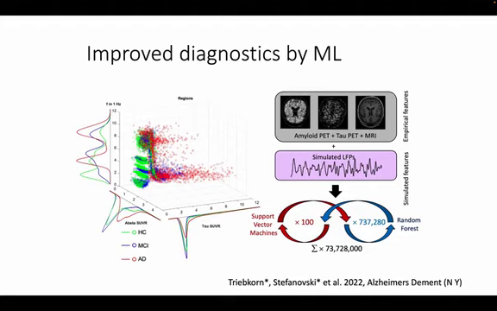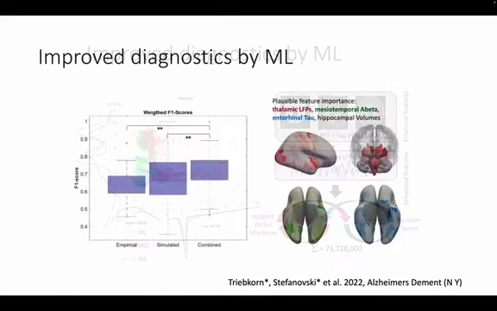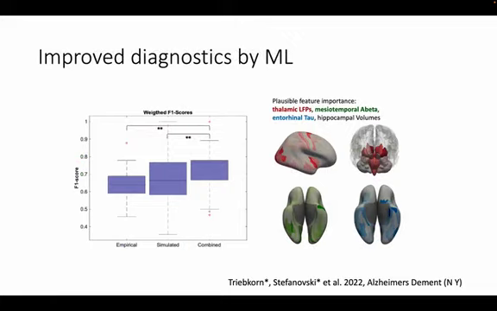Therefore, we employed a machine learning model based on support vector machines and random forests, and trained this first only with the empirical features, which were in that case amyloid PET, tau PET, and MRI volumetry, and then only with the simulated features, that were the local field potential frequencies, and then all together. And what we could observe is that there was a significant benefit of the combined approach.